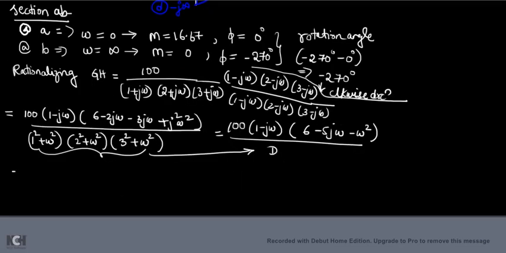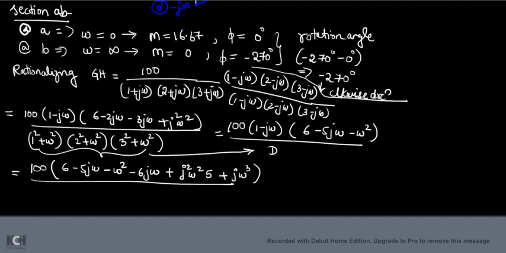Now you again multiply in the numerator: 1 into 6, minus 1 into 5j omega, minus 1 into omega square. Now minus j omega into 6, minus j omega into minus 5j omega plus j square omega square 5, minus j omega into minus omega square becomes plus j omega cube, divided by capital D.